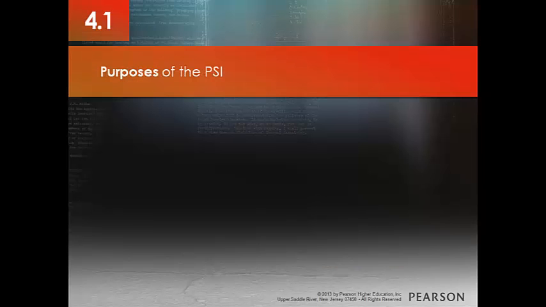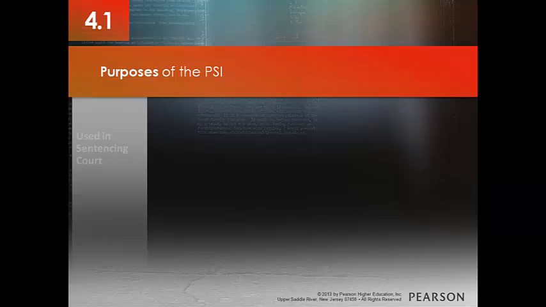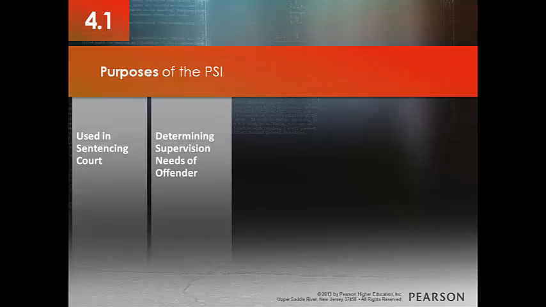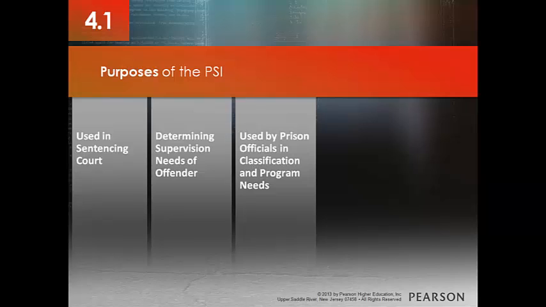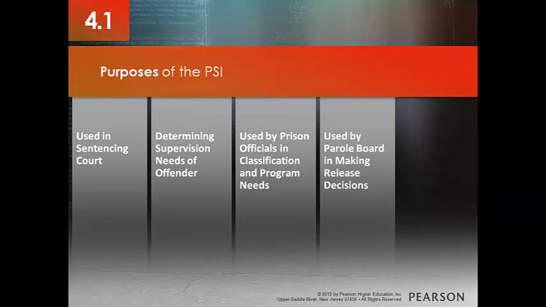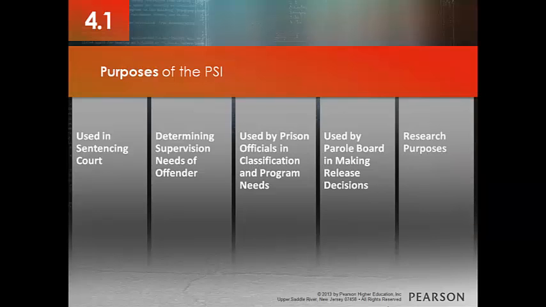Although the PSI's primary use is to assist judges in determining the most appropriate sentence for a particular offender, it is also helpful to probation officers charged with supervising the offender in the community. It is used by prison officials in the classification and program needs assessment. It is used by parole boards in making release decisions, and it is used for research purposes.